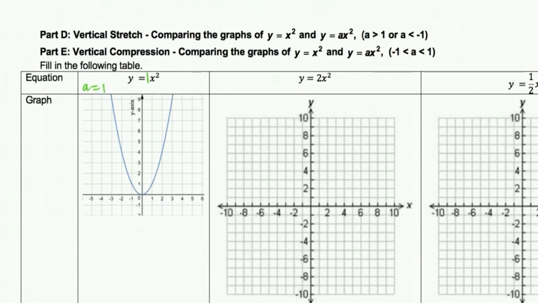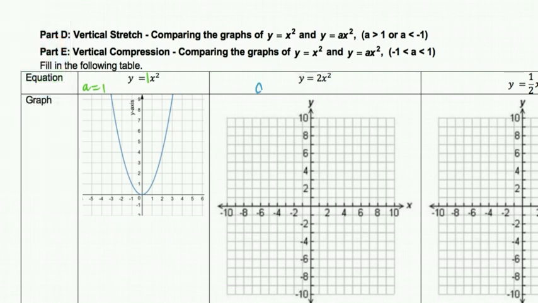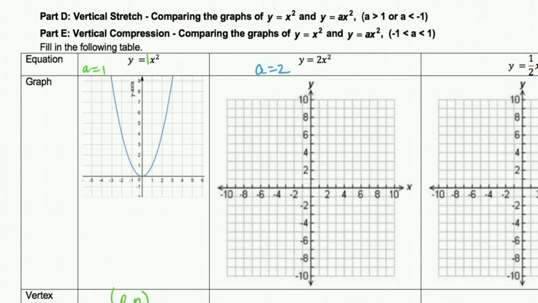We have the A value is 2. So again, it didn't move left or right or up or down, so we know the vertex is at 0, 0.